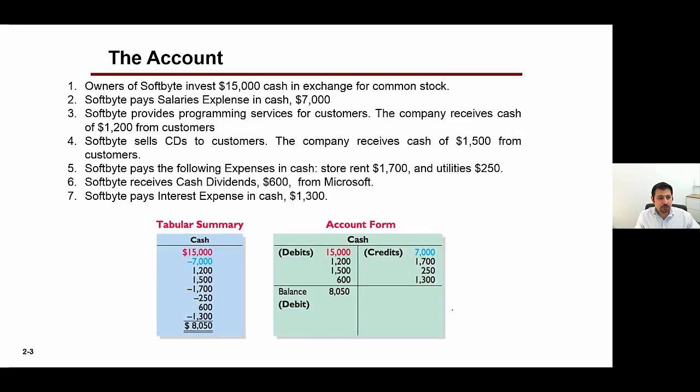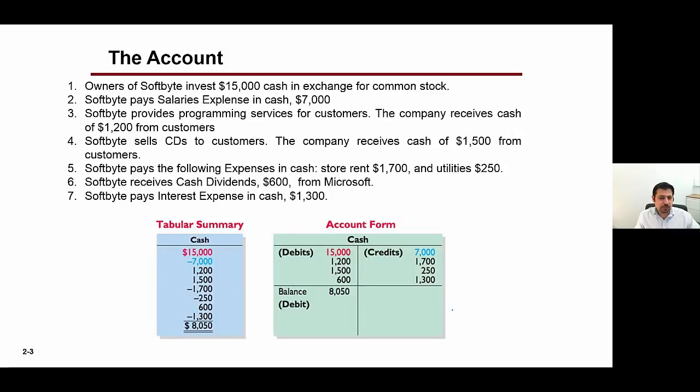For cash and assets, debits increase assets. So when you have an increase in a certain asset, like cash, you put the amount on the debit side. You debit cash that amount. If you have a decrease in cash, you credit cash that amount.